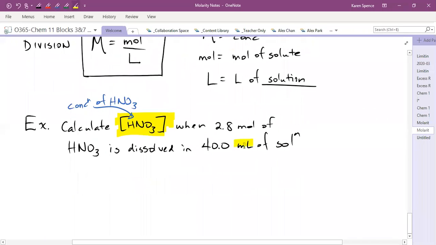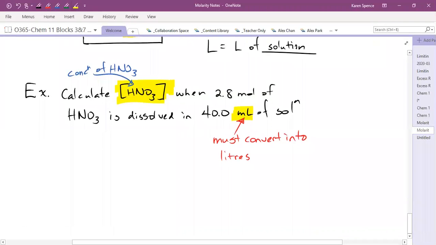Now be careful, anytime you see milliliters, if we're working with concentrations, those must be converted into liters, because of course, molarity is moles per liter, not moles per milliliter. So we need to make sure that our unit is in moles per liter.